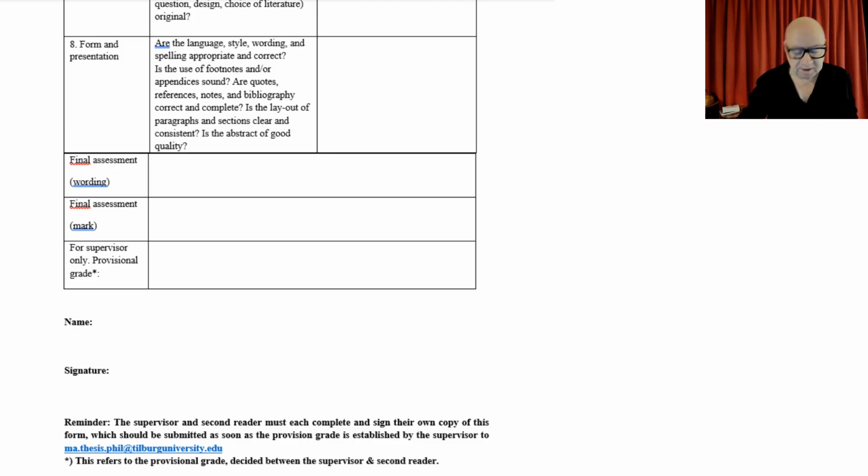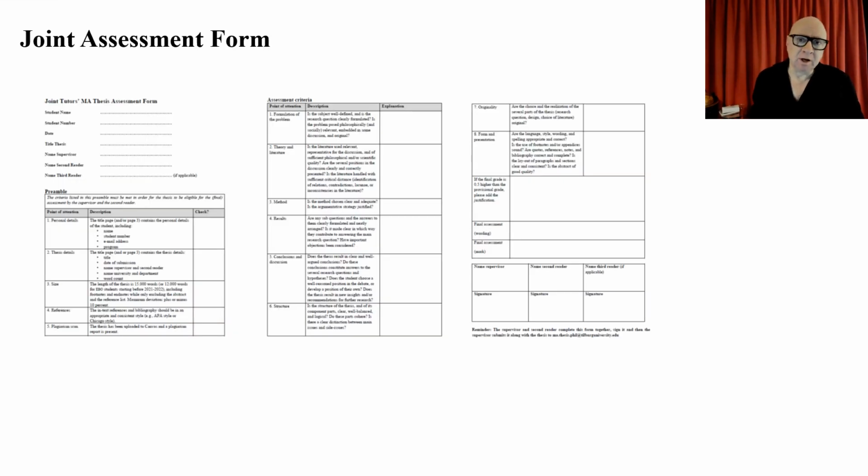Now, then they send it to the email address of the master thesis. After your defense, the tutors fill out the joint assessment form, they sign it, and if you got half a point extra, there is room to give a justification for that.